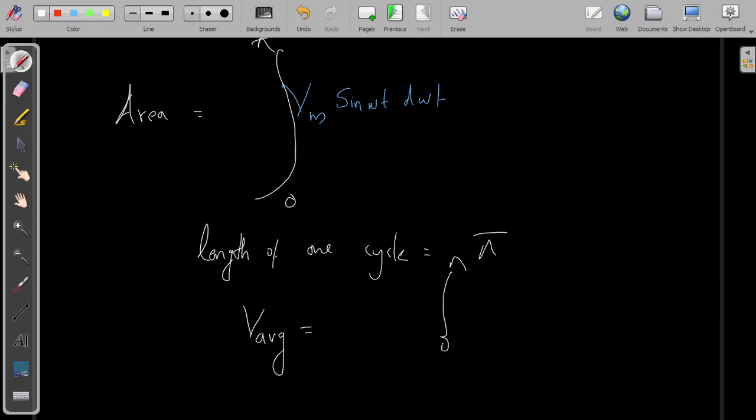So the average value of the waveform, V average, is equal to the integral from 0 to pi of Vm sin omega t d omega t, divided by pi.